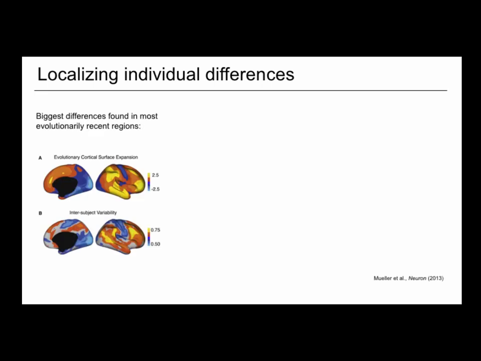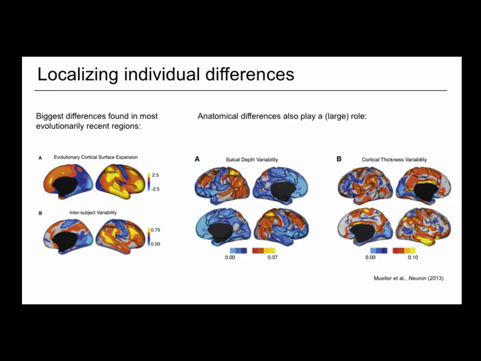And just to explore that point a little bit further, this was a paper from several years ago now where they were also looking at individual differences in function, and they find that the biggest differences in these frontoparietal areas are also the ones that are the most evolutionarily recent, so the ones that have expanded the most since our non-human primate ancestors, and also that anatomical differences may be playing a role here.